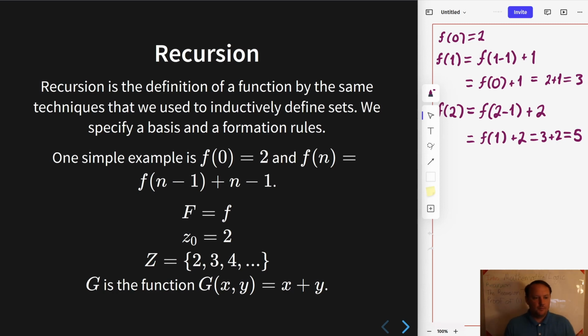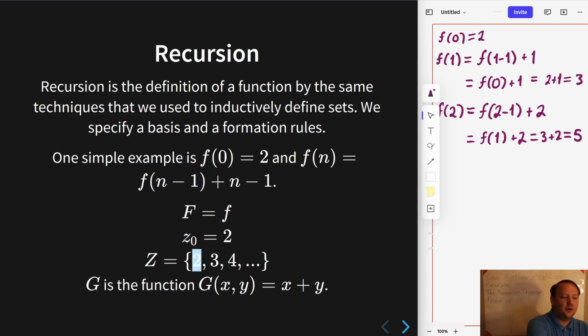Now, because the left coordinate is always the outputs of the function, because it's always what the function returned on the earlier input, the domain of the left coordinate of g needs to be some set containing all of the values that the function takes. So that's what z is.